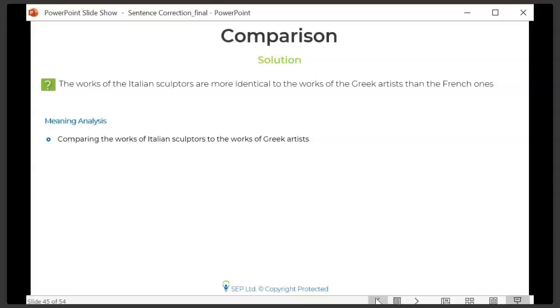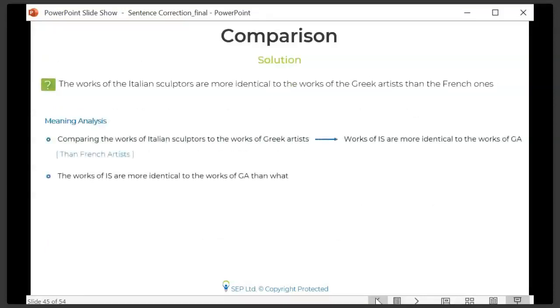So what was being compared was, hold on a sec, the comparison could be between two things. The works of the Italian sculptors are more identical either to the French artists, which is illogical. You can't compare the work to the French artists, or the works are more identical to the French artist's works.